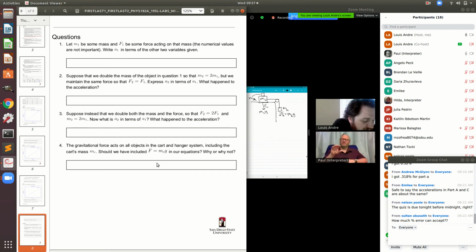There's one reason for that. The main reason is it's not pointing in a direction that the system would accelerate, right? It would have to either point this way, up there if you're up at Fc, or down if you're over here at mh. That would accelerate the system, right? See, this thing here is just pulling it against the table, okay? That does cause friction, right? That's what's called the normal force, and we would use mcg to find the friction that the cart experiences with the table, right?